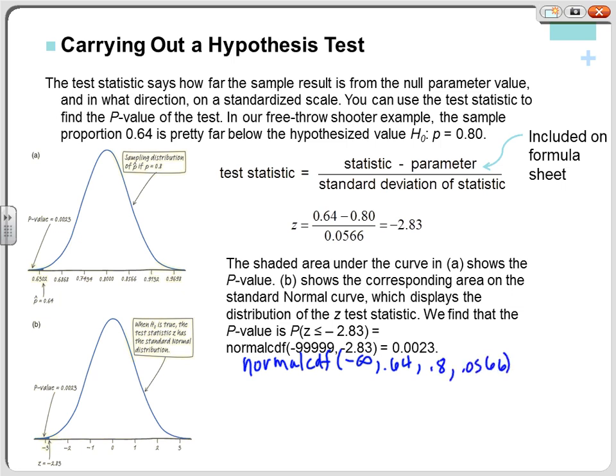But if you use the normal CDF with the z's, your mean was 0 and your standard deviation was 1. You don't ever have to write those in. It will assume those if you're in z's, but you'll get the same answer if you do write them in. So when I went and did this, I got 0.00235. Well, what do you know? It's the same answer. So it's up to you if you like converting it back to z's and always remembering that formula, but you do not have to if you're in a time crunch.